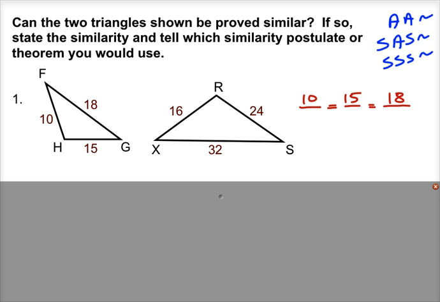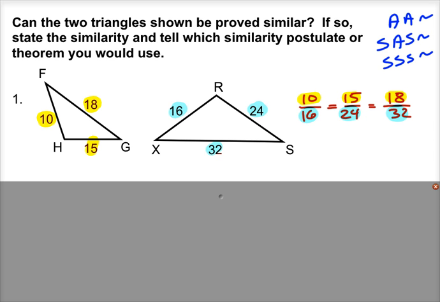If I write the 3 values from the triangle over here all on the top from smallest to largest, then when I write the sides from the other triangle, to match them up appropriately, I'm going to write them from smallest to largest. So now when I write the numbers on the bottom, I just make sure I go from smallest to largest. So the smallest is 16, then I get 24, and the largest is 32.